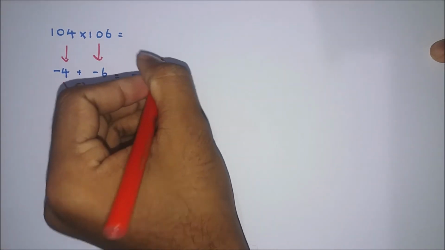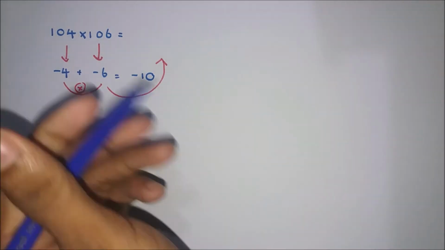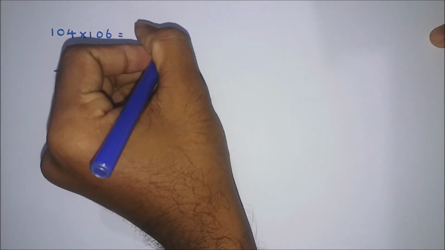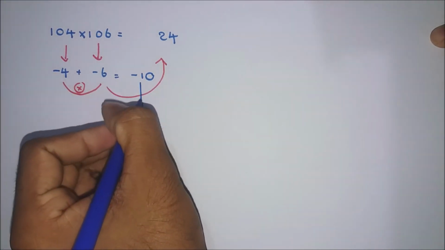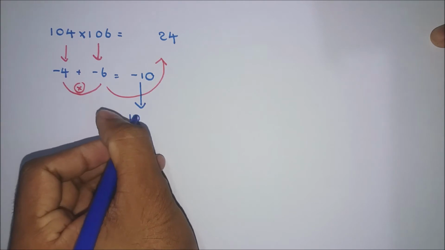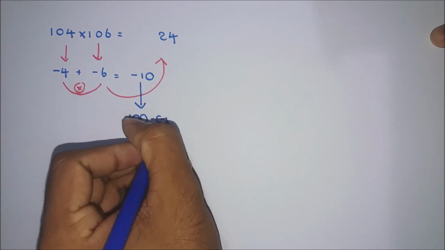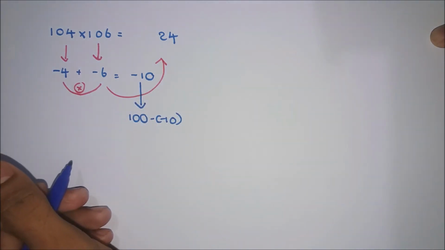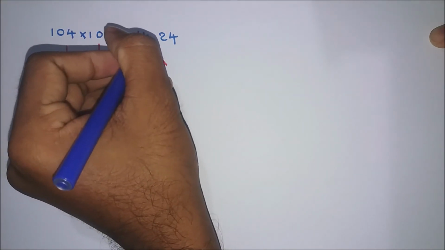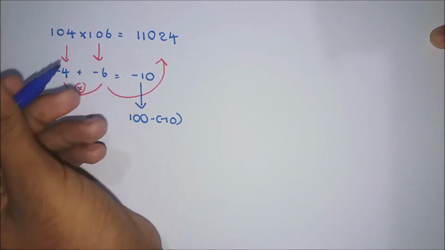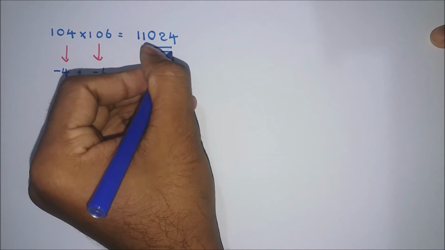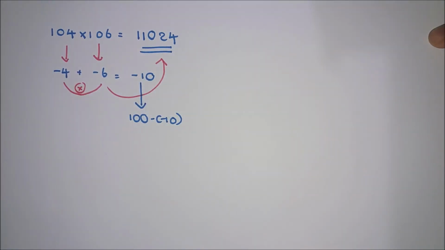The answer is 24. Last step, take the difference between 100 and this minus 10, which is 110. Trust me guys, this is our answer. This is a very simple trick.